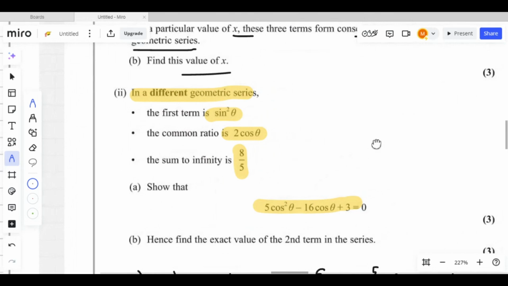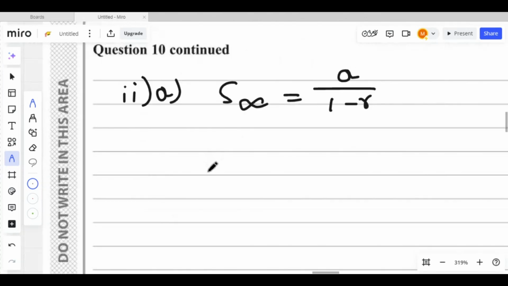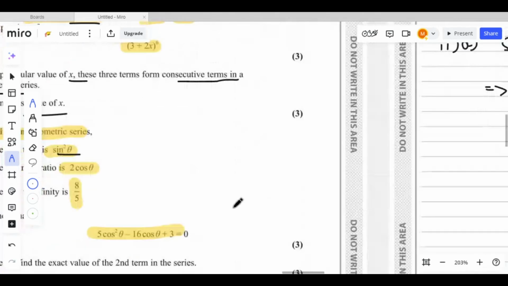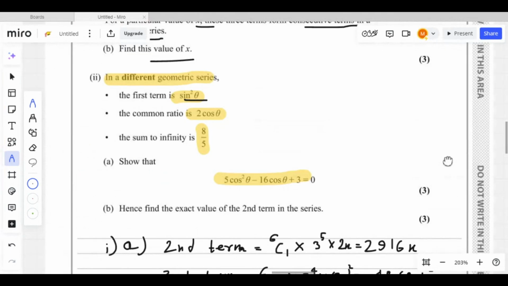Okay. So what's the first term? Sine squared theta. So sine squared theta over 1 minus the common ratio, 2 cos theta, equals 8 over 5.